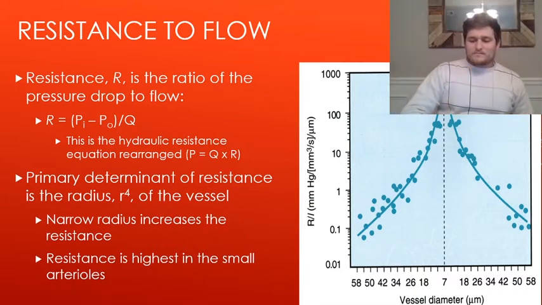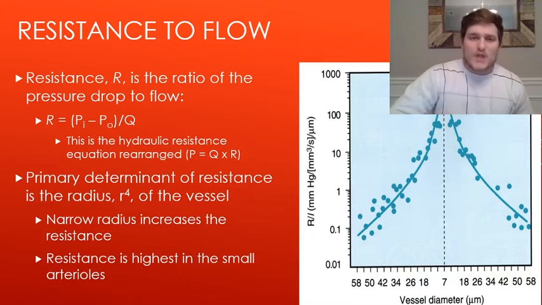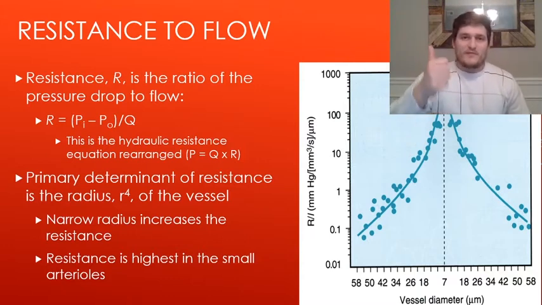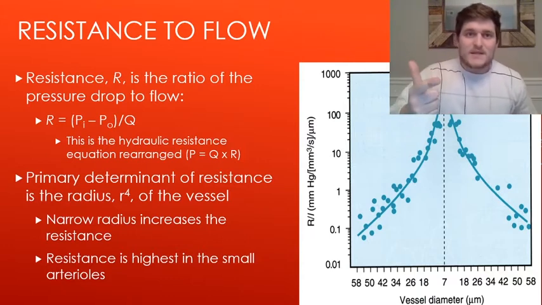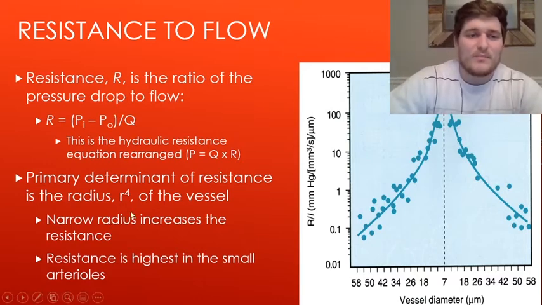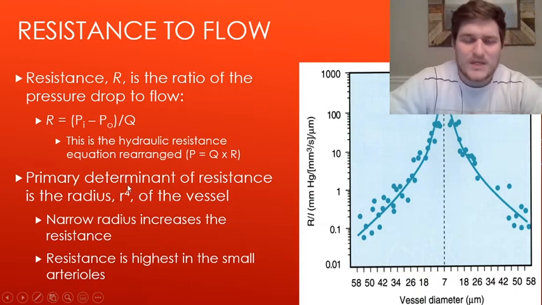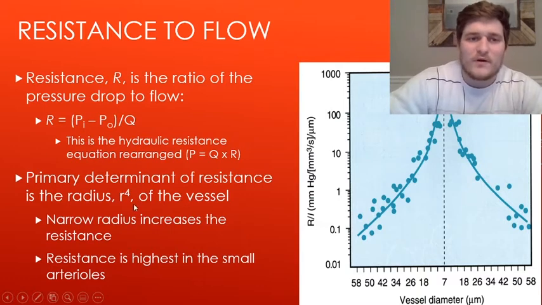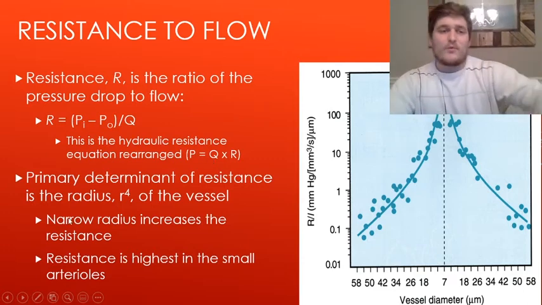And so throughout our body, when there needs to be a change in blood flow, resistance, and therefore pressure, this is how the body will adjust those things within our circulation. By adjusting the radius of our vessels, we have significant changes to resistance, flow, and therefore pressure.